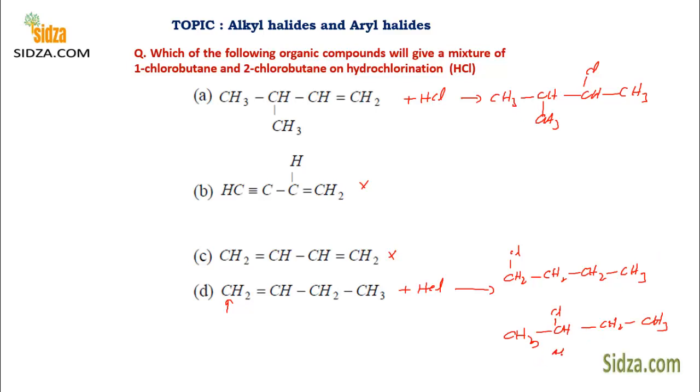This is the Markovnikov product, while this one is the anti-Markovnikov product. And this is the major product and this is the minor product. So that means this is option D. You get a 1-chloro and 2-chloro-butane.